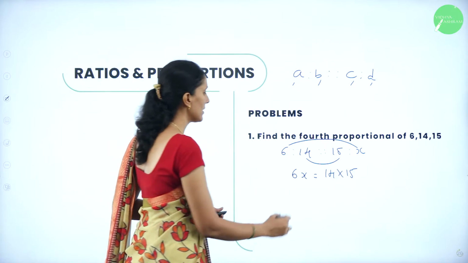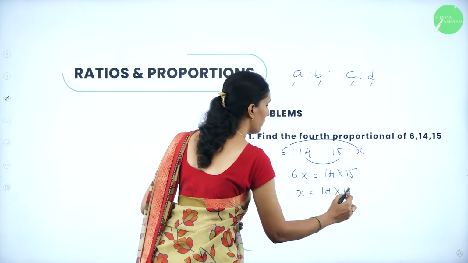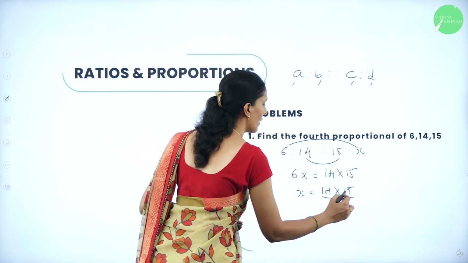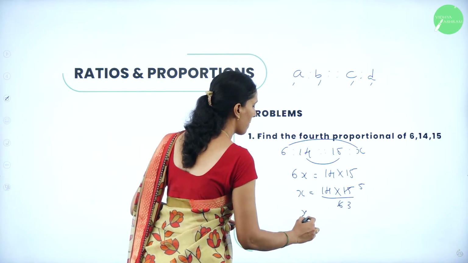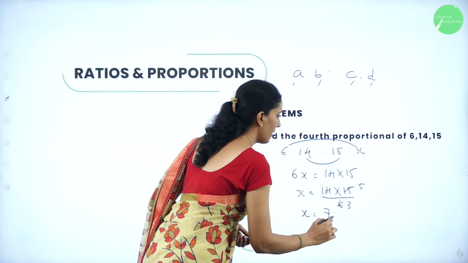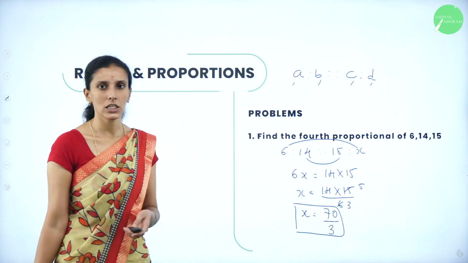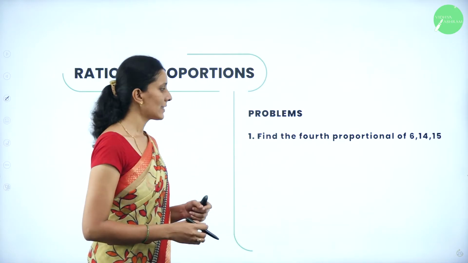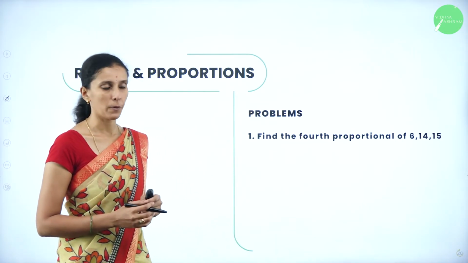So if you write this, x is equal to 14 into 15 divided by 6. So we have 3 5s are 15, 3 2s are 6. So that is 70 divided by 3. So the value of x is 70 divided by 3. Let's take a few problems on proportion, that is, to find an unknown value in the proportion.